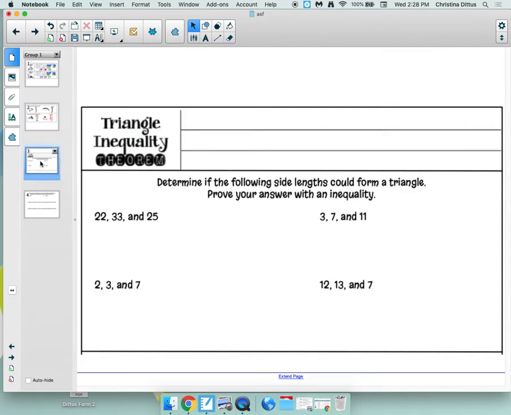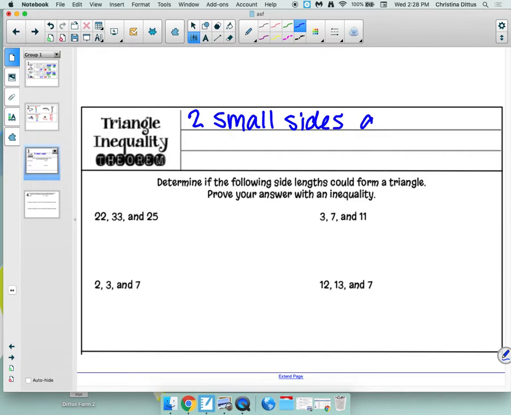Yes, next page. This fancy thing called the triangle inequality theorem is something you already know. It's figuring out if you can have a triangle. To figure out if you can have a triangle, the two small sides added must be bigger than the third.